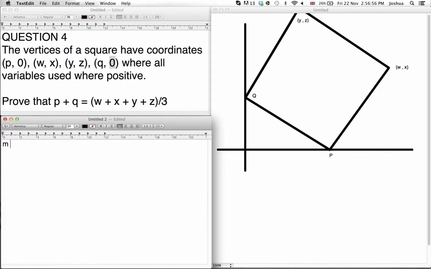So we know that m is equal to y1 minus y2 divided by x1 minus x2. Okay. Now let's work this out.